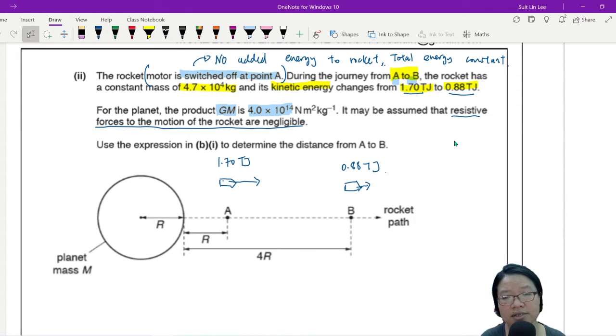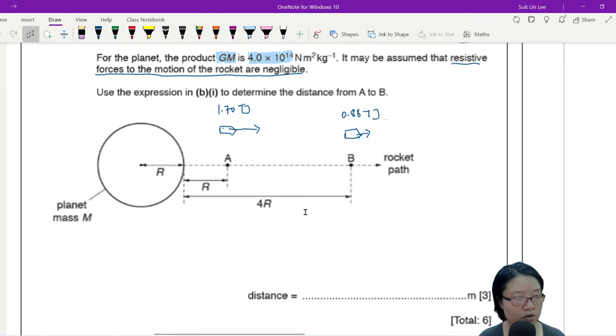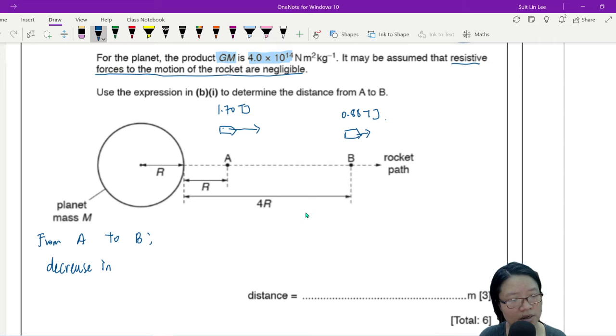I think we can at least start by writing a conservation of energy. So I will write here, from A to B, the decrease in kinetic energy is equal to the increase in gravitational potential energy.